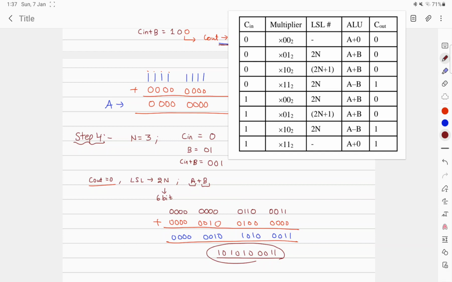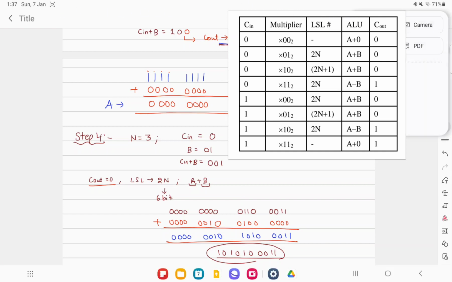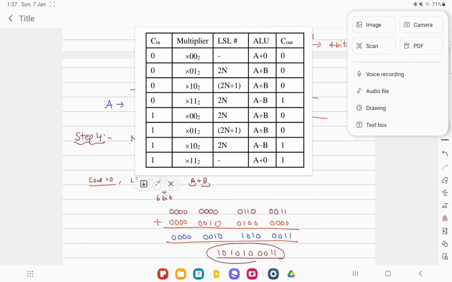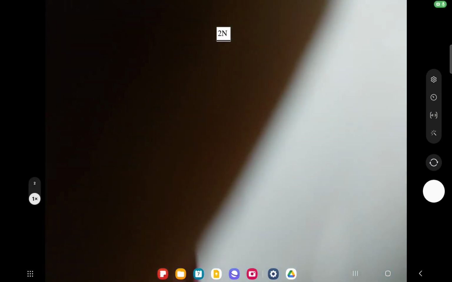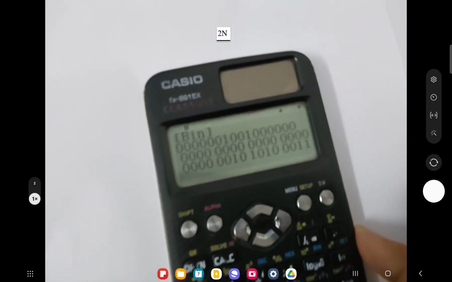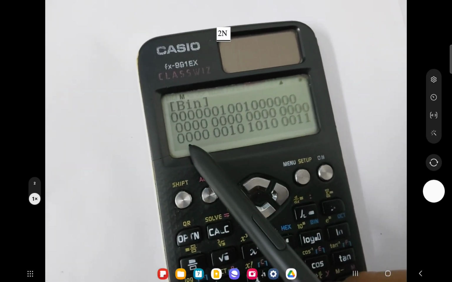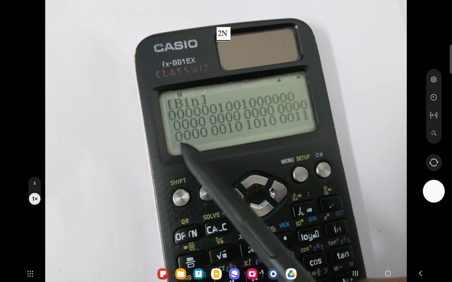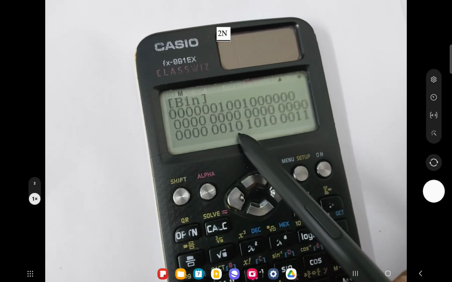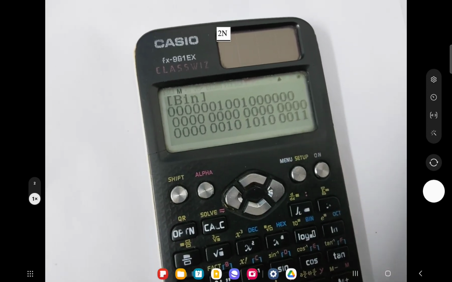So see, I will show you how to do it. First of all, I will minimize this and put on the camera. I will have the calculator and I will also show you my result. I have taken the last 16 bits: 0 0 0 0 0 0 1 0 1 0 1 0 0 0 1 1.